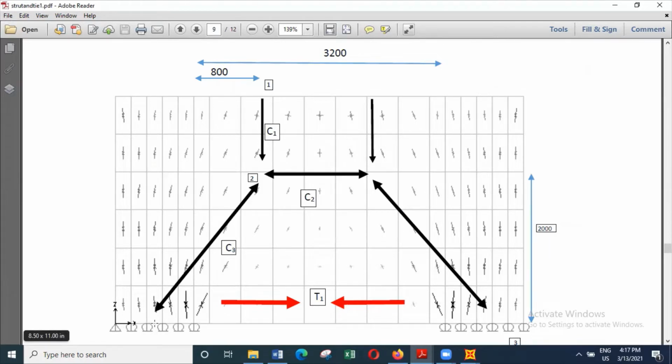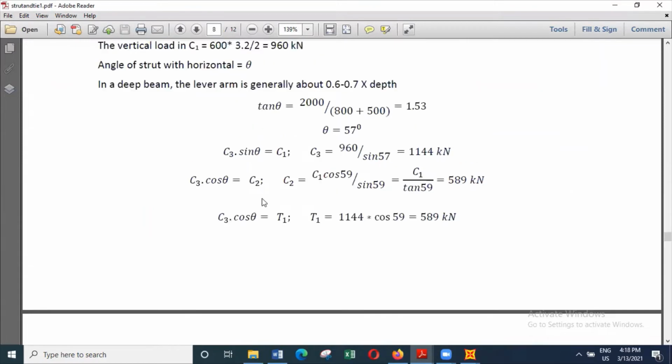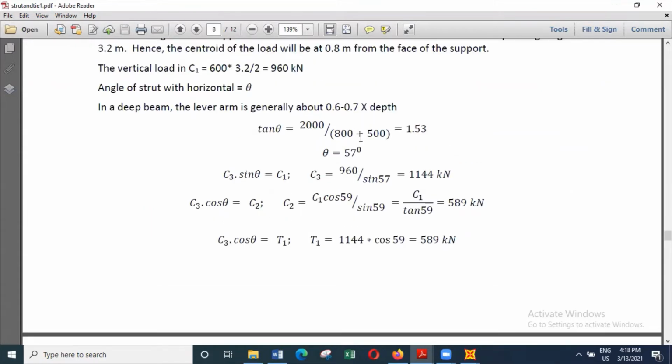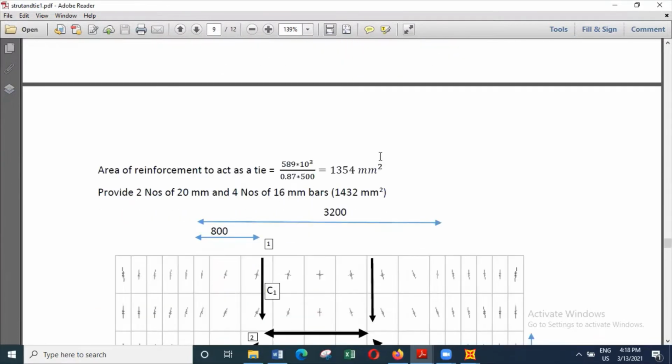So I have considered that this angle is due to 800 millimeters here plus another 500 millimeters. So the angle will be 2000 divided by 800 plus 500. So the angle has been considered as 57 degrees.